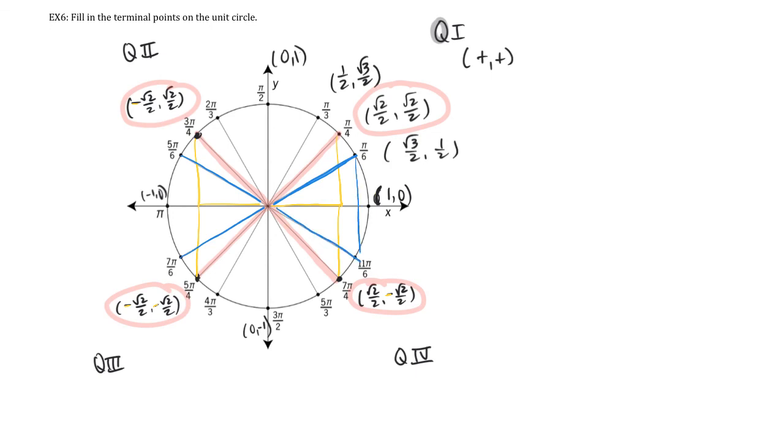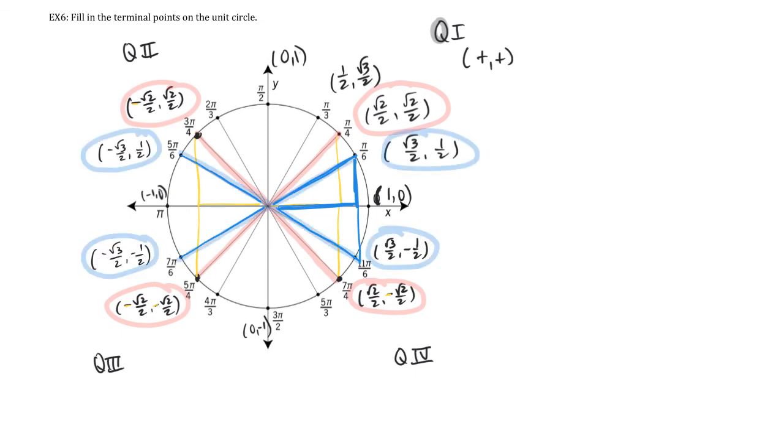Okay, and here those triangles that we had are 30, 60, 90. So go ahead and fill those in. Okay, so the only thing changing on those is just the sign of x and y, and then the other one that we can look at is pi over 3. Okay, and you see here what I'm saying is I'm counting, there's a pi over 3, there's 2 pi over 3.